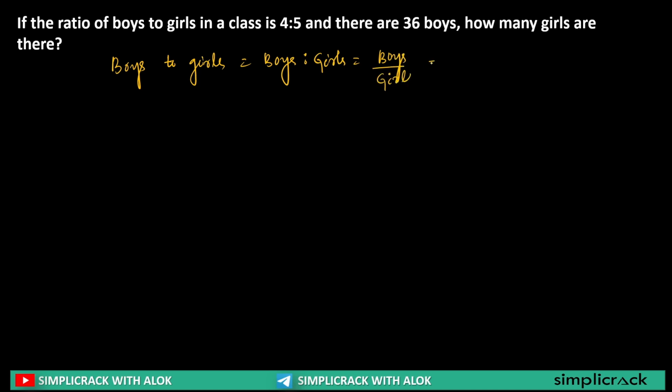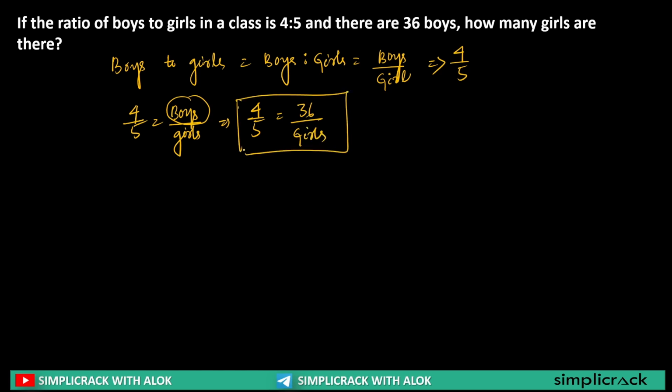What is given? The ratio is 4 is to 5, and we know how many boys there are. So I can write 4 by 5 is equal to the value of boys, that is 36, by girls. Yes sir, you can write it this way.